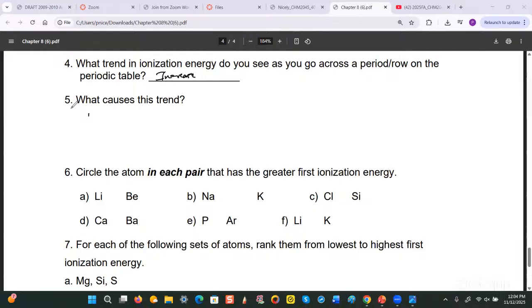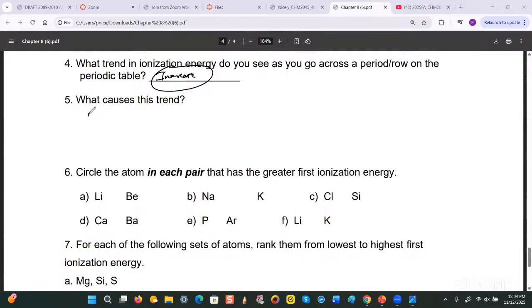So what makes it hard to remove the valence electron as you go from left to right of any period? There are two things you're doing when you're going from left to right. You're adding an electron to the same shell, but you're also adding a proton to the nucleus, right? So how does that make the trend increasing as far as the ionization energy is concerned? Let me start you off.